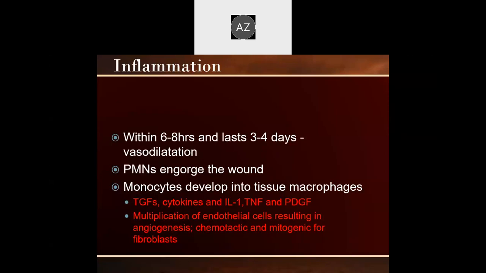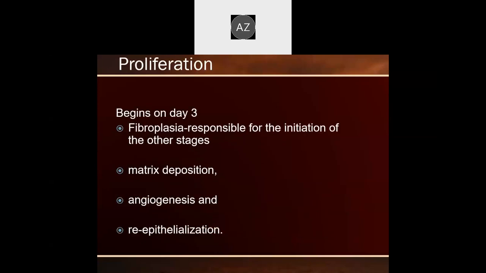And then we have the transforming growth factors, the cytokines, and the interleukin 1, the tumor necrosis factor, and the platelet-derived growth factor. Multiplication of endothelial cells can result in angiogenesis.